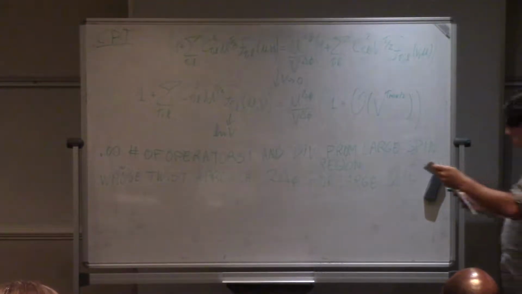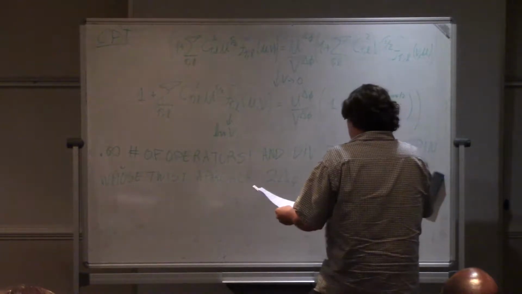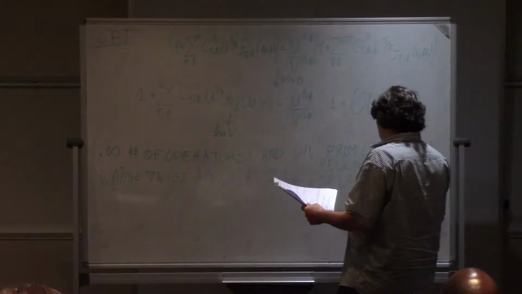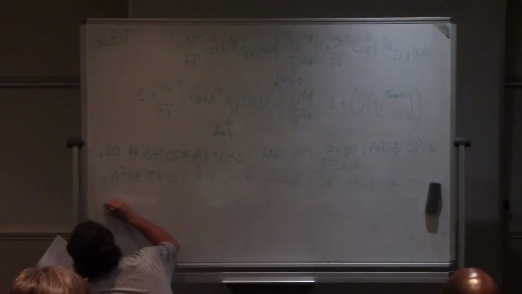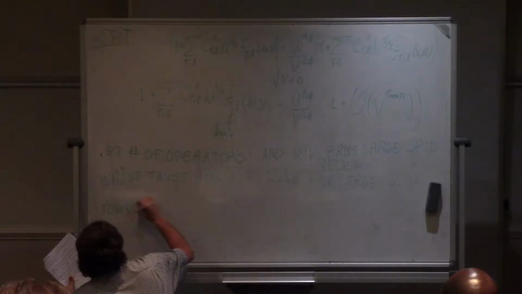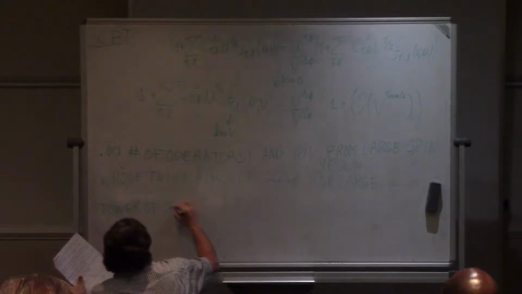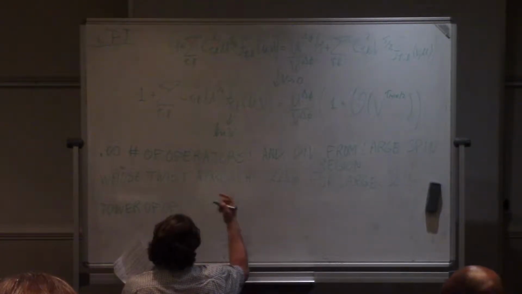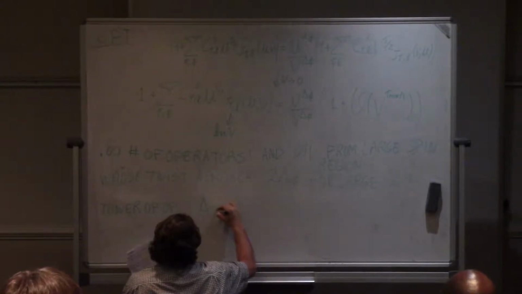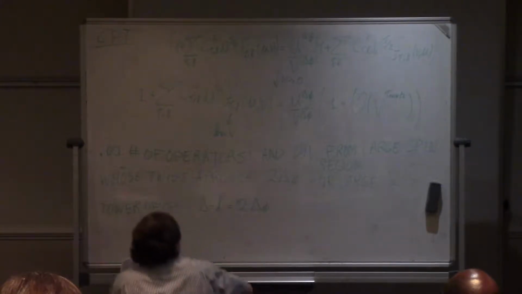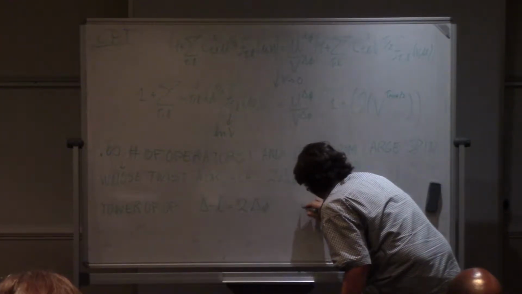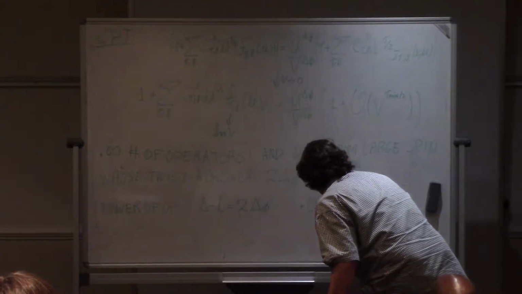Is that okay? So, we deduce from this that there should be a tower of operators whose twist, or the dimension minus the spin, has to be 2 delta phi plus something that vanishes as the spin becomes very large.